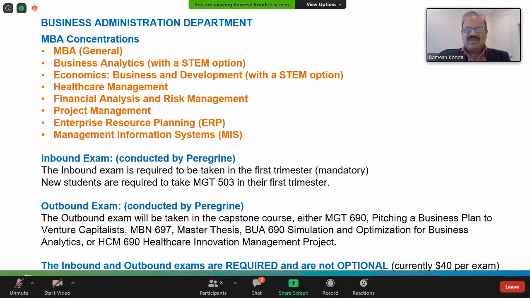One very good thing, a proud thing to share: the statistics so far show the difference between inbound and outbound. Many schools do this, and we are among the top universities.